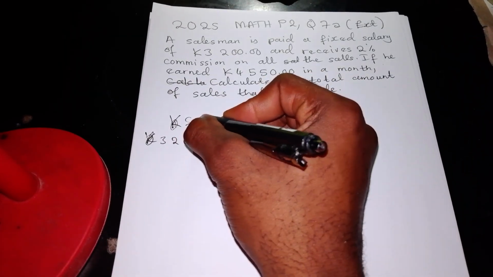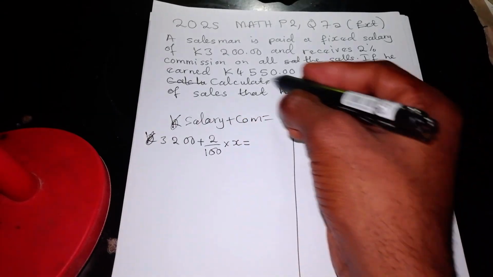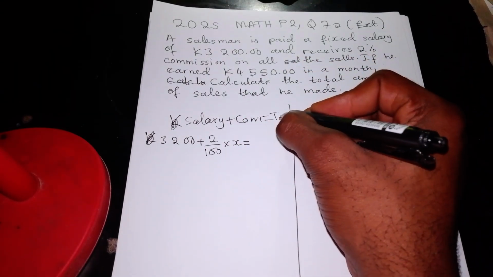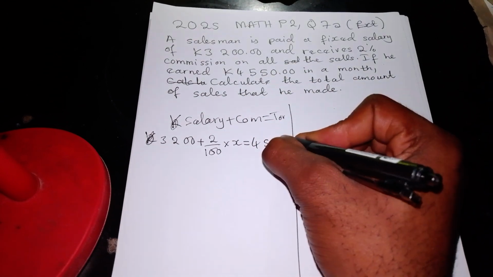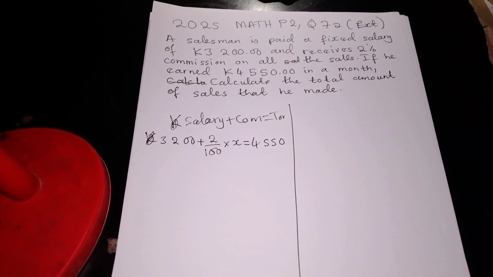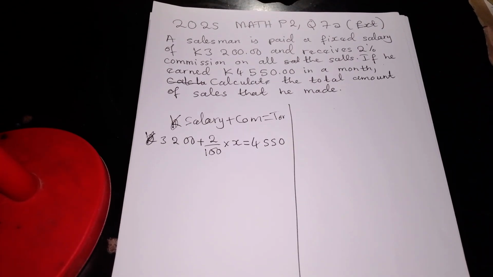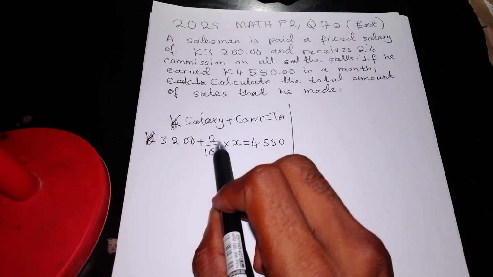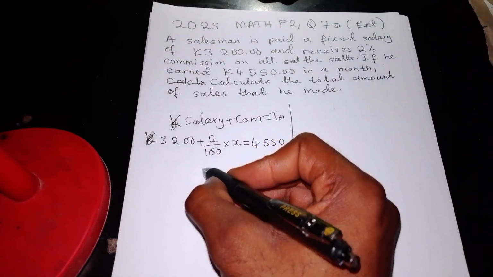Let me write this: salary plus commission is equal to the total amount, which is 4,550 kwacha. So now we can solve this equation by collecting the like terms. I'll multiply this by this.